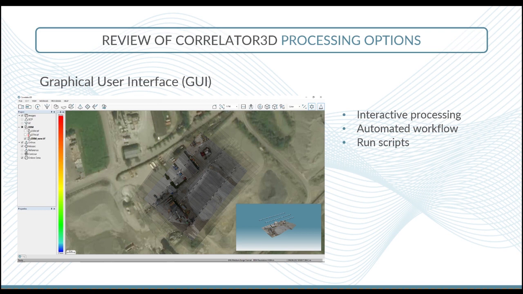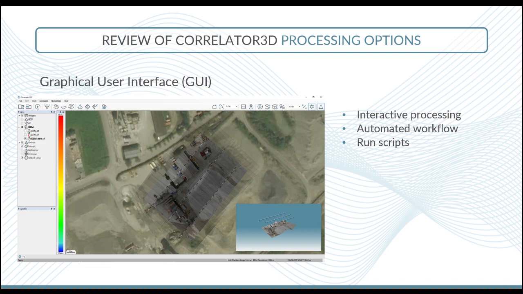I'm not going to go too much into detail about the interface because this is something we cover in other sessions, and most people already know how to use the software that way.